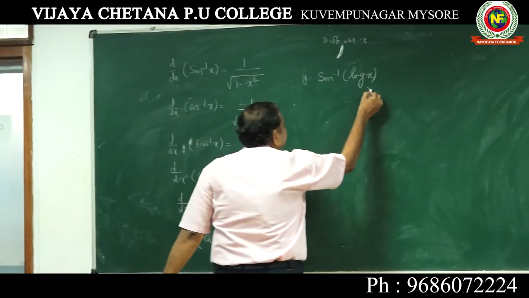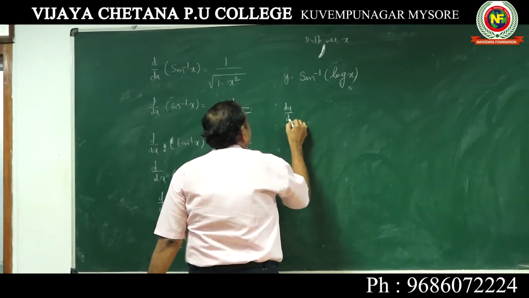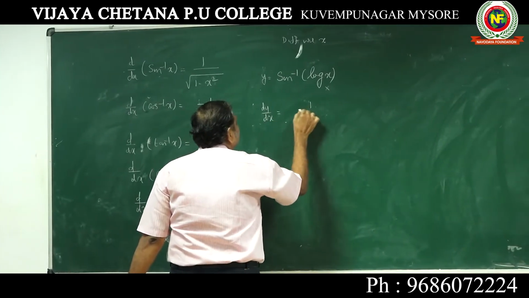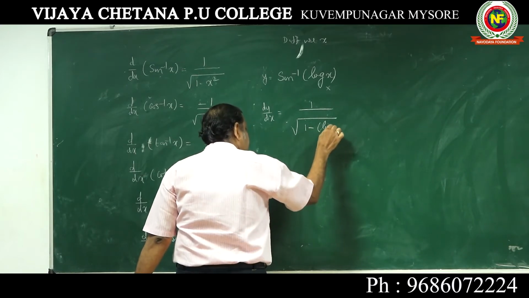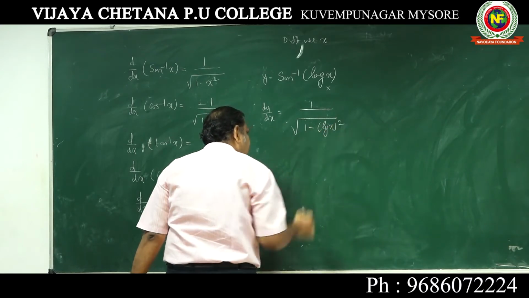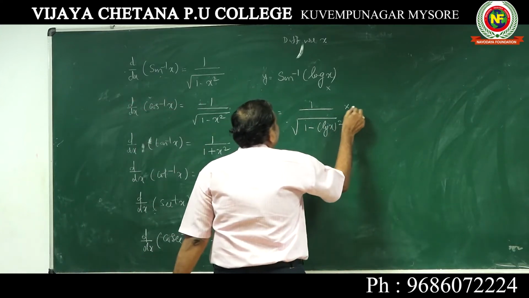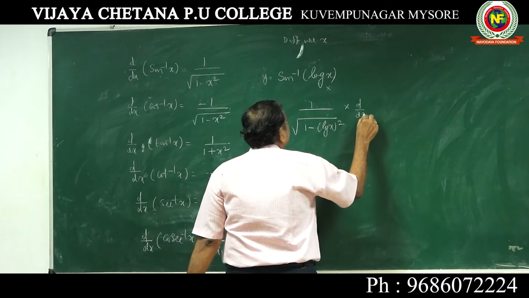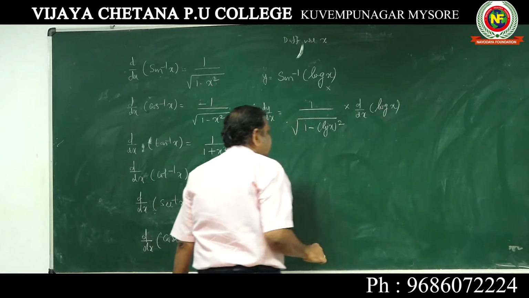In fact, this is x actually. Now when you differentiate, dy by dx is 1 over square root of 1 minus log x whole square. Very important thing: into d by dx of log x, because it is a function of a function rule, or a chain rule.